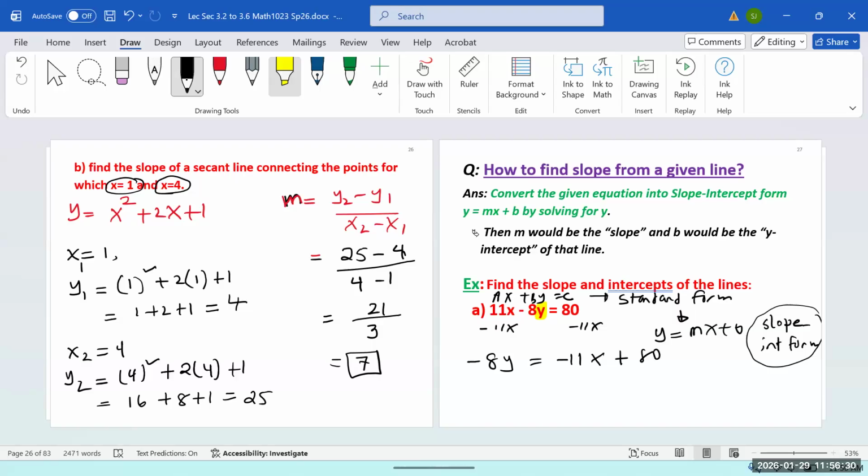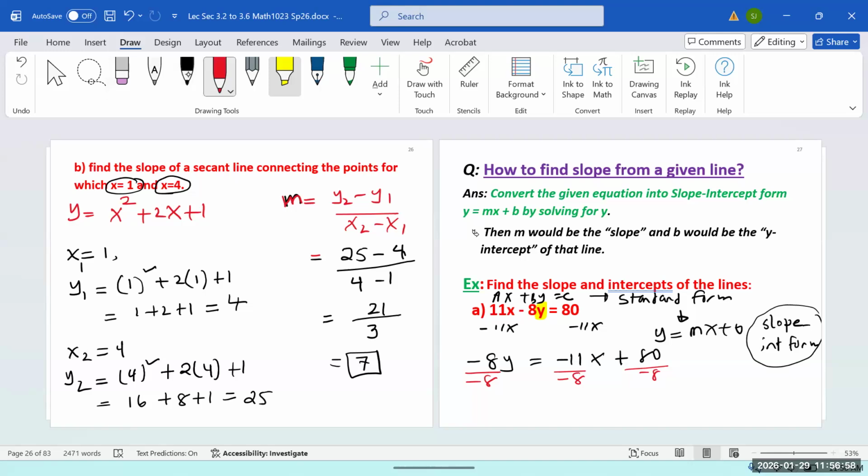80 doesn't have any sign in front. It means it's a positive number. And see, I wrote my x first because this format has x first. And now we can easily get the y alone. What do you have to do? Divide by -8. And when you divide, do it individually because we need the individual numbers.